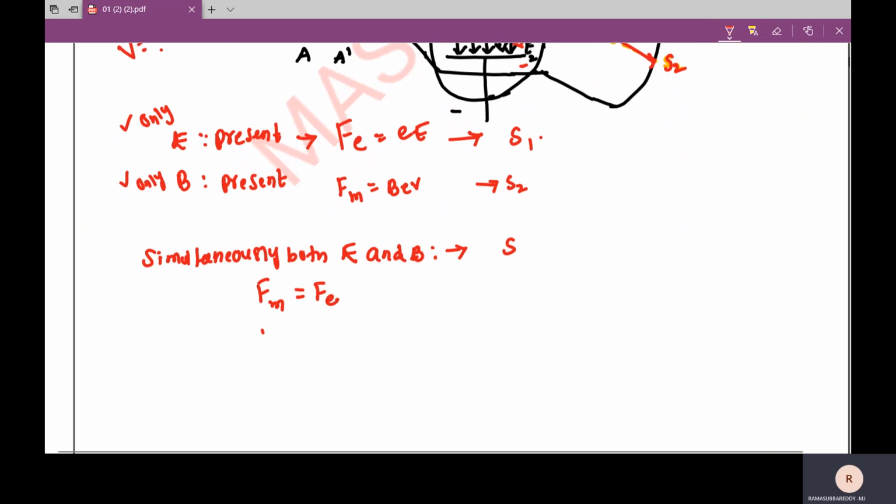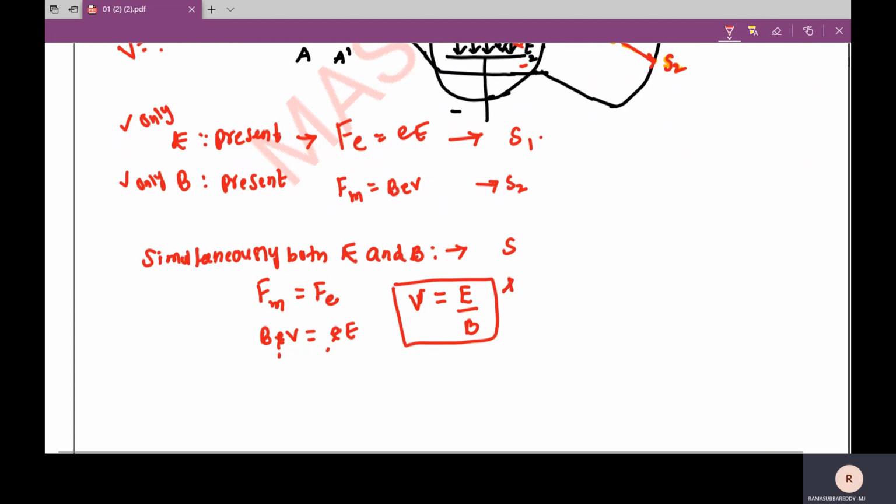The magnetic force we know is eBV, and the electric force is eE. The e gets cancelled. We need to find the velocity: V is equal to E by B.